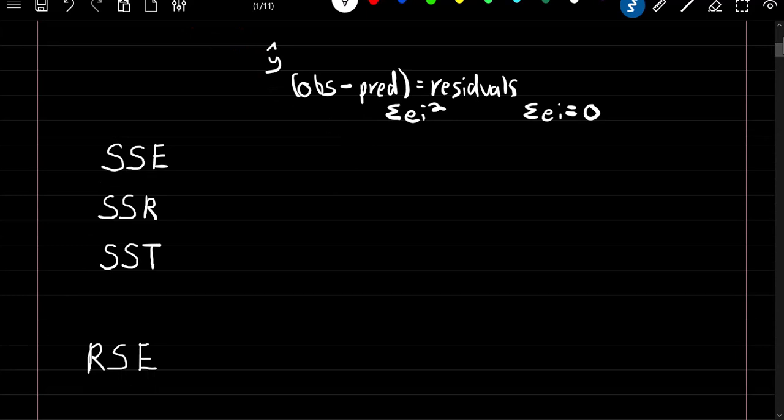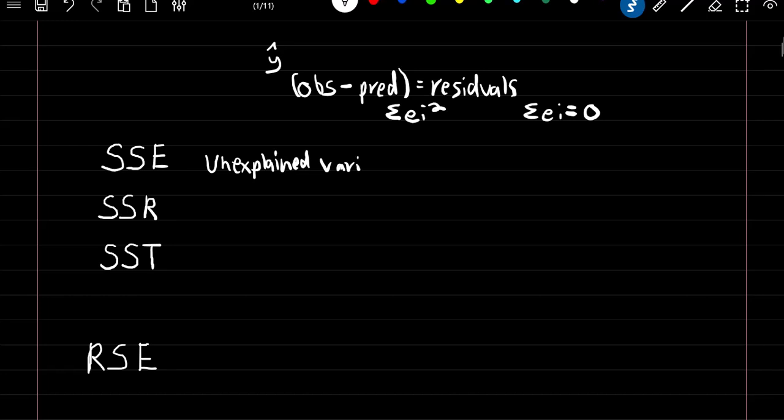Now the 3 test statistics we learned are the SSE, SSR, and SST. So SSE is the unexplained variability from our model. SSR is the explained variability. And SST is the total variability.